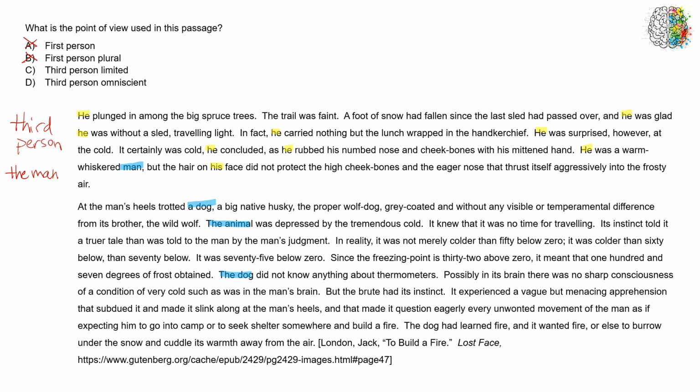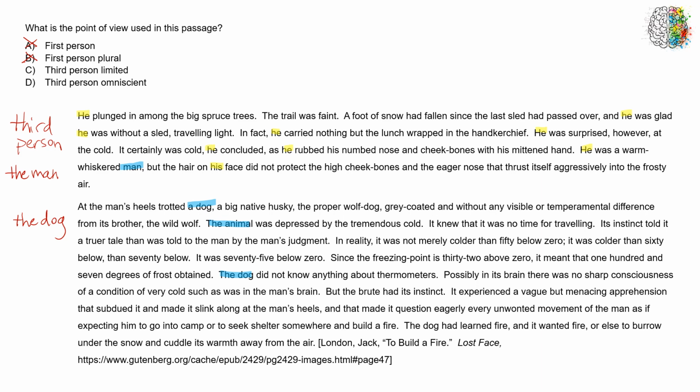So right here, that tells us that we are going to be looking at the dog. That looks like that's what the author is going to talk about. Now let's look at the pronouns to confirm it. You can look for the subject first, or you can look for the subject afterwards to confirm it.